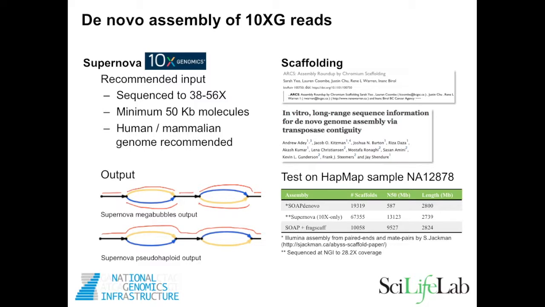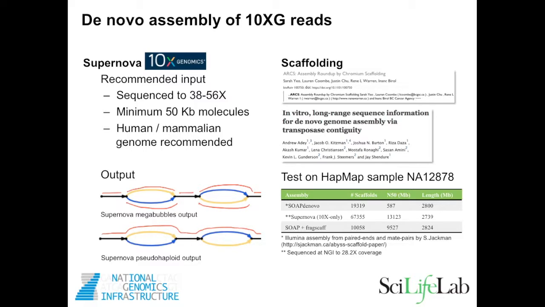It works best if your genome is sequenced to between 38 and 56x coverage, and with a minimum of 50 kb input molecules. And it is mainly made for human or mammalian genomes. But of course, we have tried other genomes.